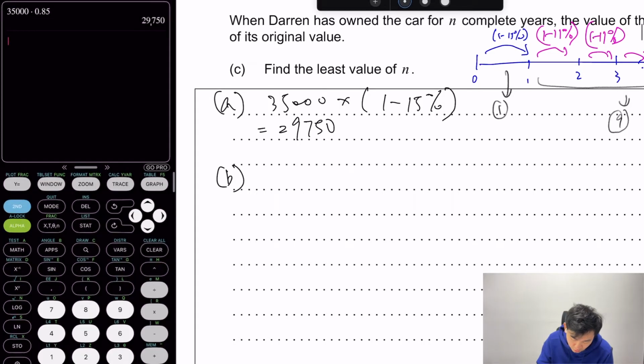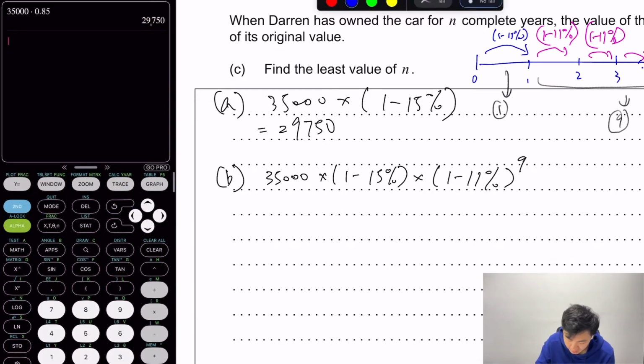So what you can do is copy your answer from part A, or you can just still write the original 35000 times 1 minus the 15%, that's the first year, okay? And then times 1 minus the 11% for 9 times. Be careful for this 9. Instead of the 10, you should put a 9 there, okay? So directly, you can use your calculator, directly press multiply because that will show you the answer.